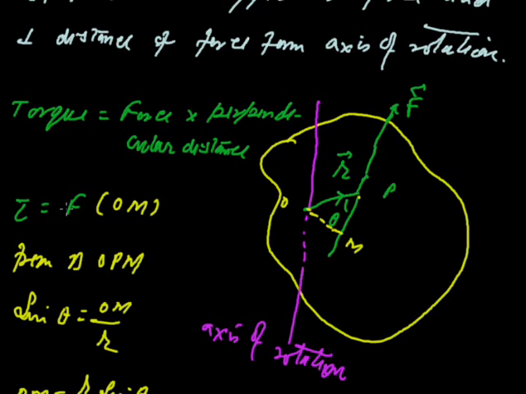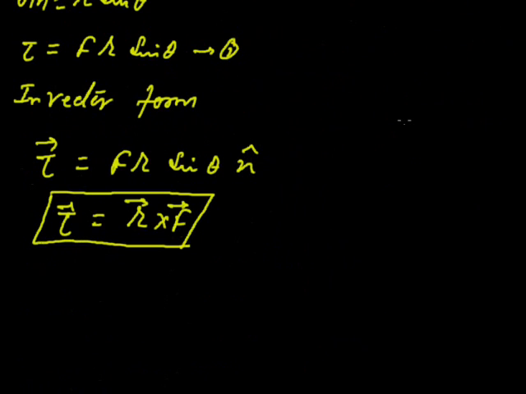Fingers must be along r. If we fold the fingers, then in this figure the object is rotating anti-clockwise. So fingers must be along r, and we rotate the fingers in the direction of rotation of the object, then the thumb will indicate the direction of tau. So we can easily find the direction of torque with the help of the right hand rule.